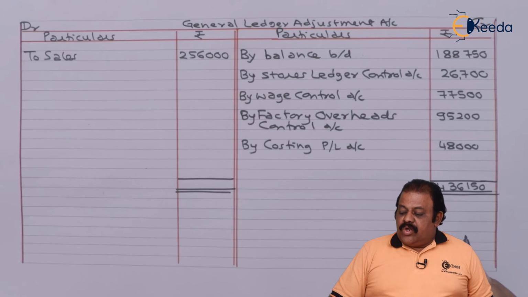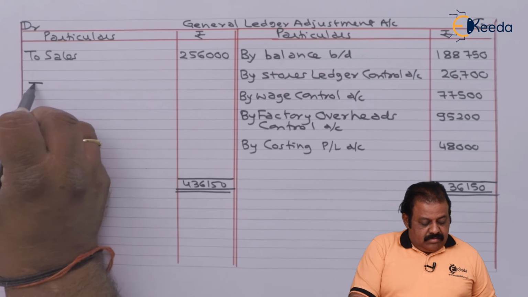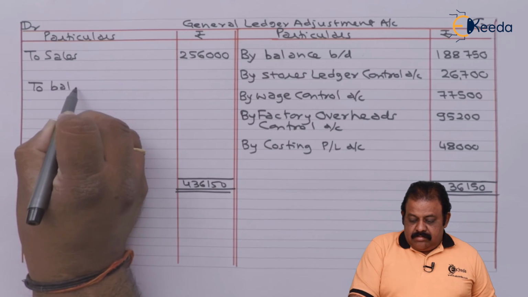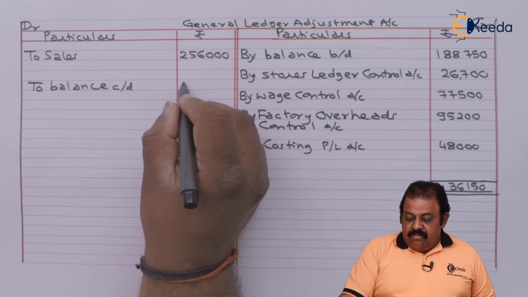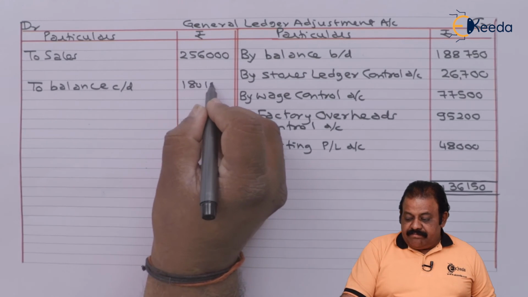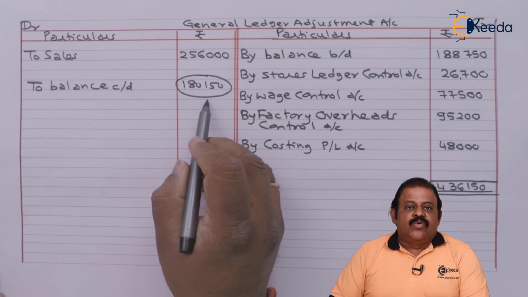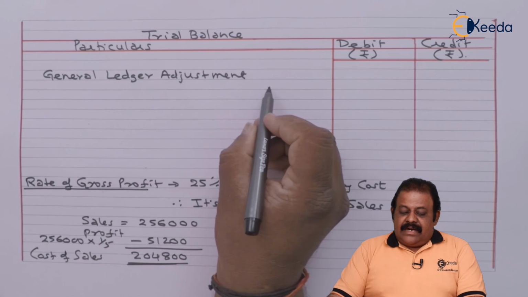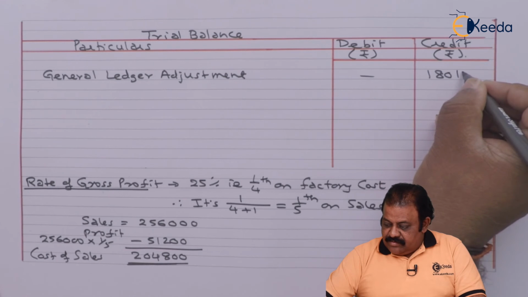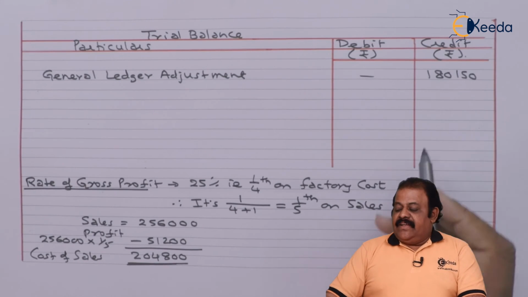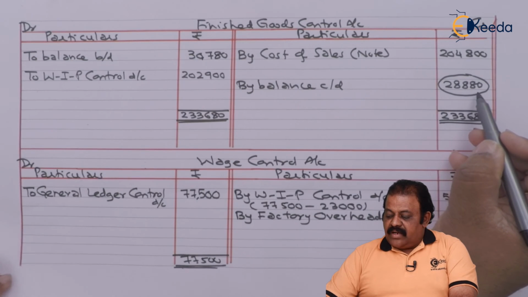4,36,150 credit side total of GLA account minus 2,56,000. Balance 1,80,150. This amount will be transferred to trial balance. General ledger adjustment credit balance 1,80,150. Finished goods control account 28,880.